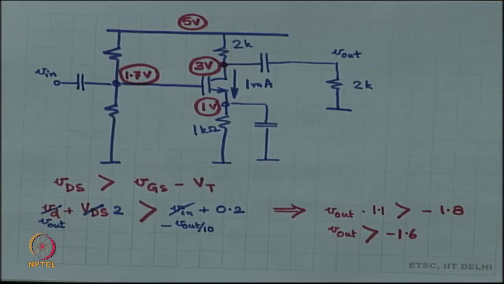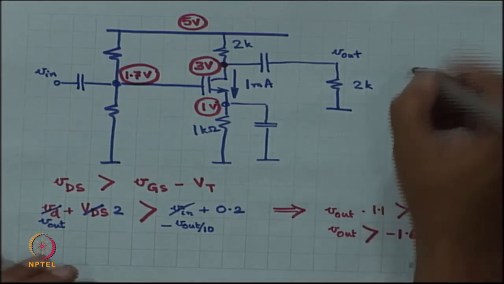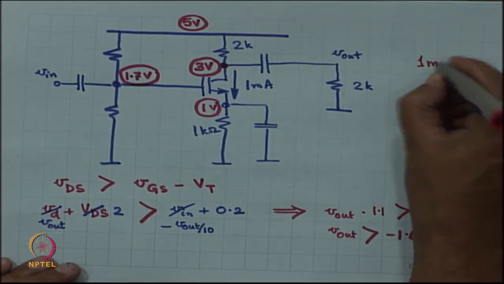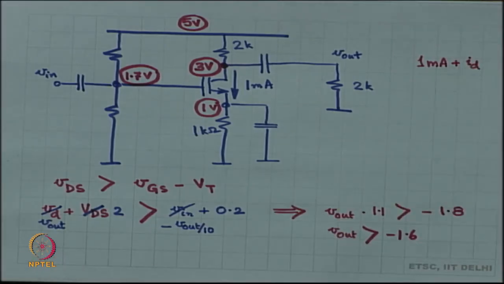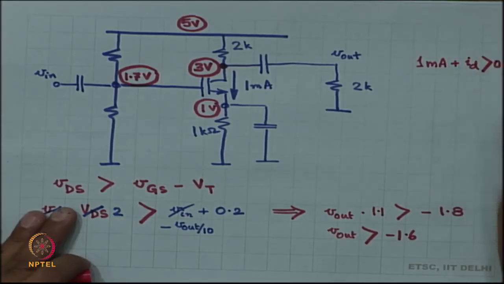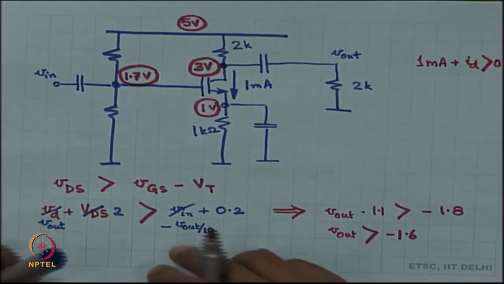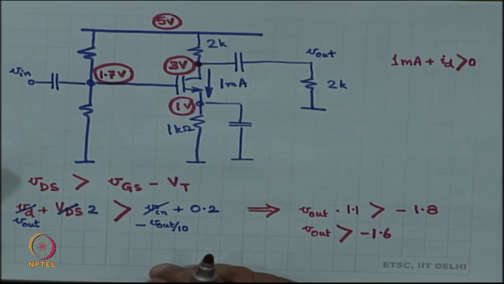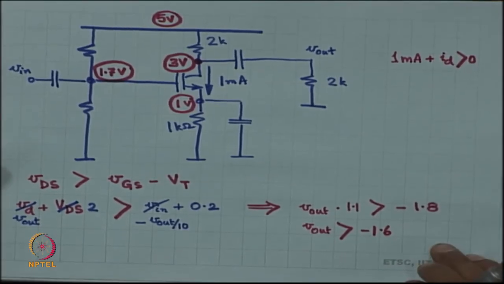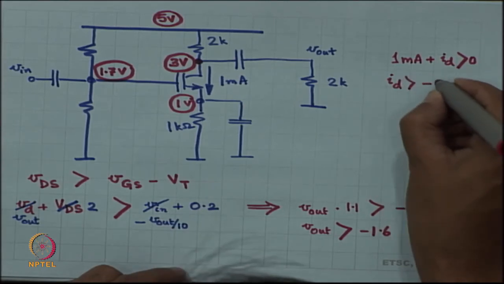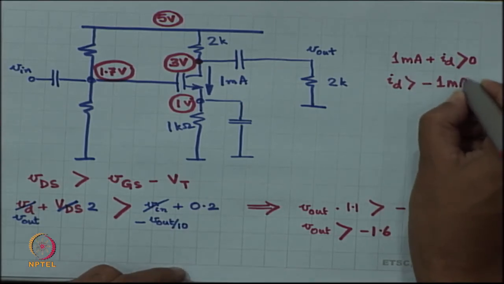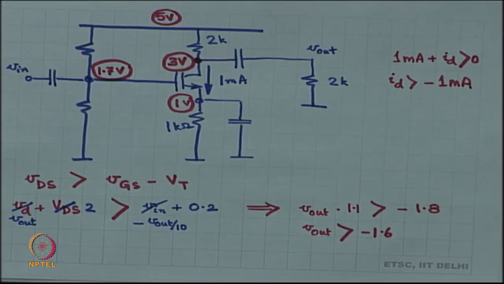So, the current through the MOSFET is 1 milliampere, that is capital ID plus small id, that is the current through the MOSFET. This has to be more than 0 at all times, which means small id has a minimum, right. Small id always has to be more than minus 1 milliampere.